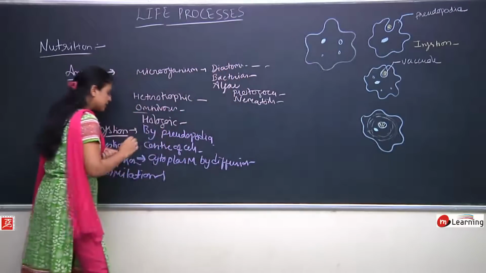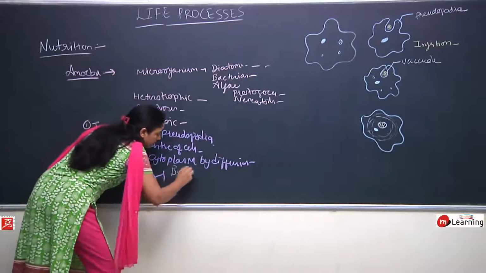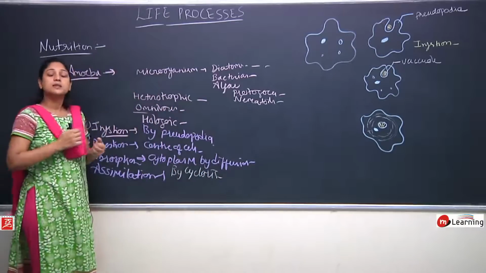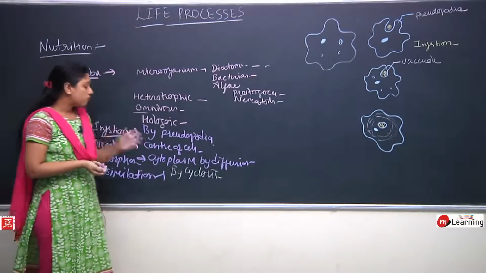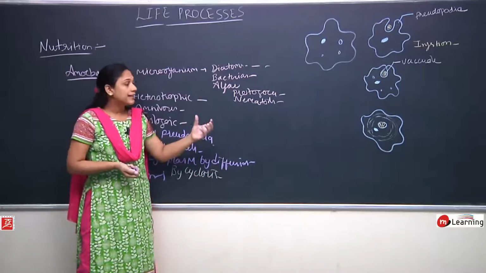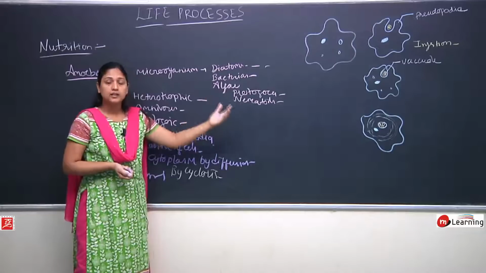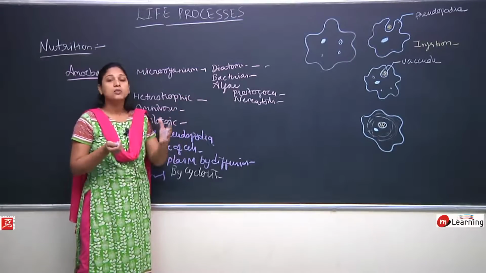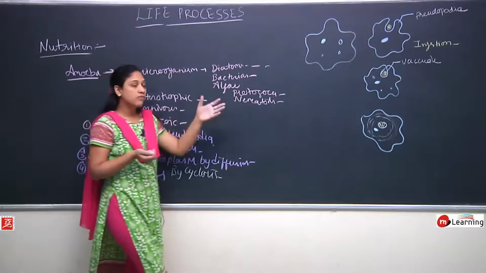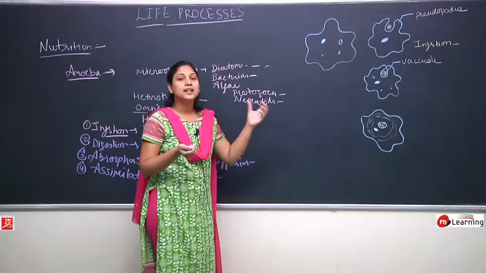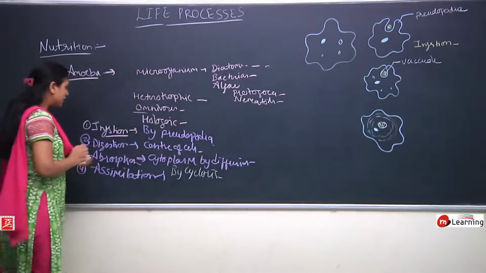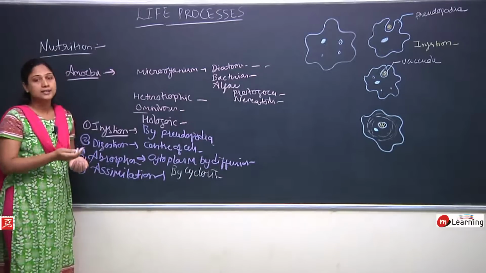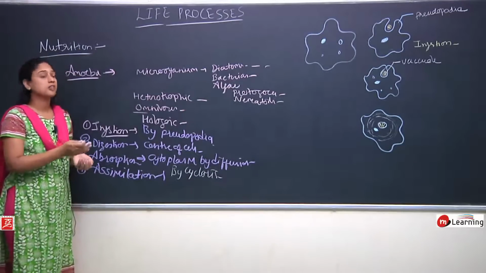By this process the simple molecules of food reach every part of the cell. Now all the cell organelles of amoeba can use up the nutrition. So by assimilation the food reaches all the organelles of amoeba.